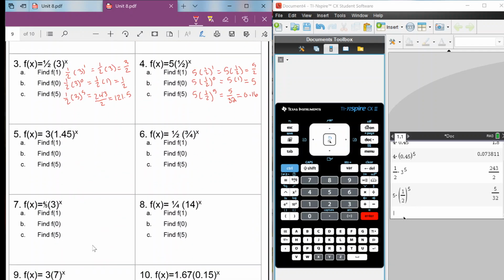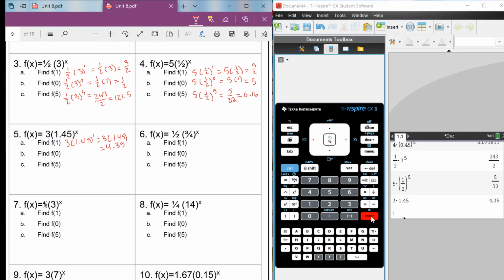So on number 5, you're finding f of 1, f of 0, and f of 5. Okay, so this is what you should have got. So we have 3 times 1.45 to the first power, which is the same as 3 times 1.45, which is 4.35.